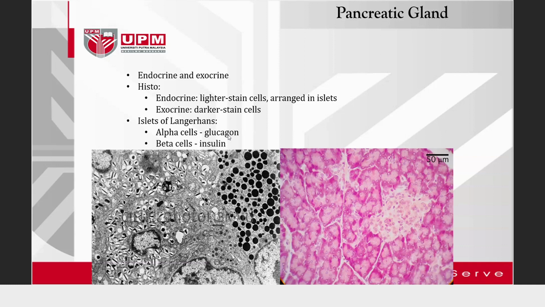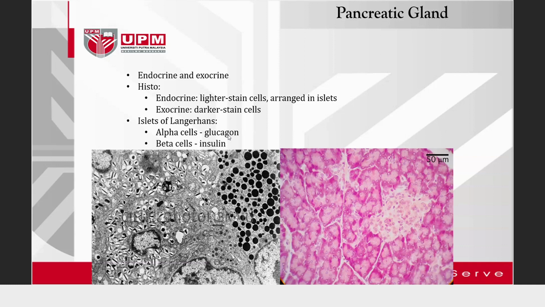Then in hyperparathyroidism, if I'm not mistaken, it depends from case to case. It depends on the cause. You may expect the amount of colloid to be similar or increased.